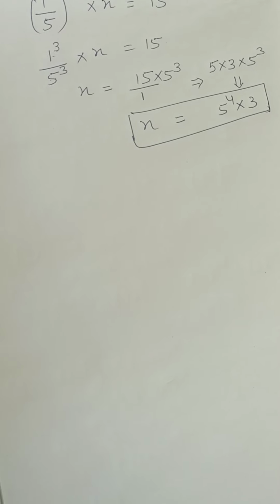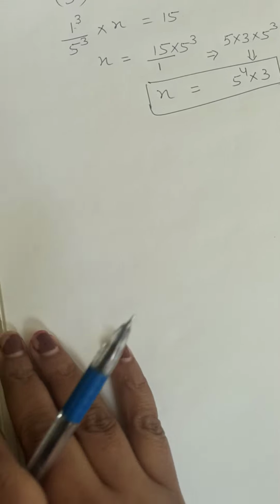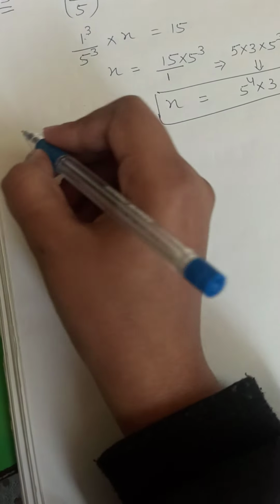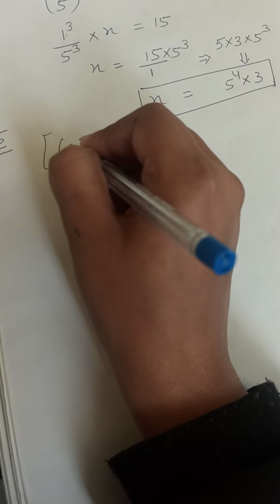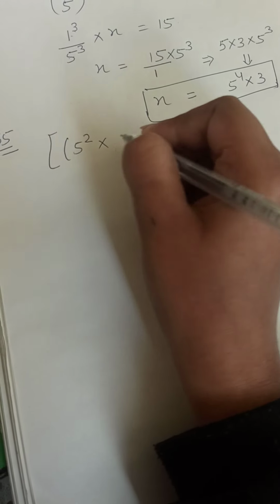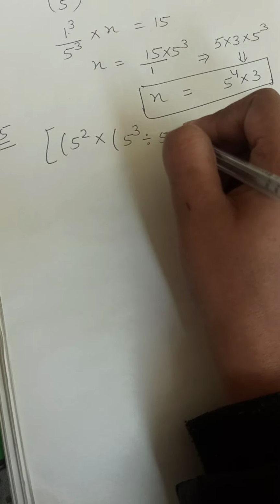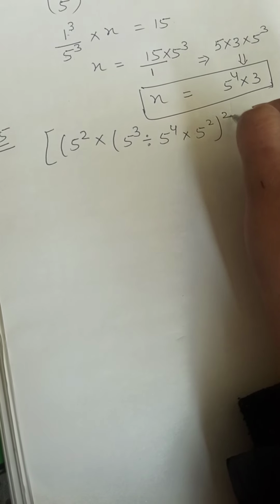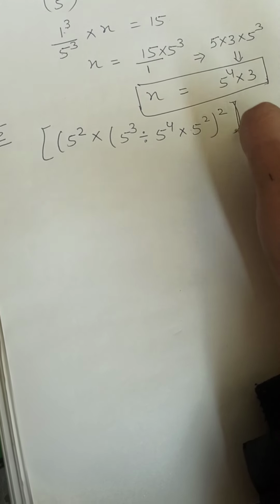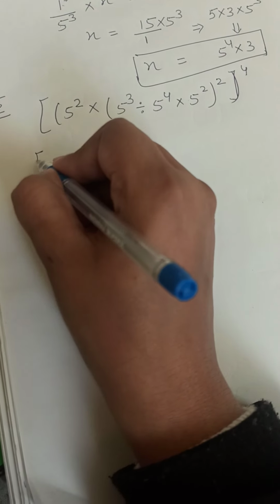S5, rewrite the expressions as a single positive exponent using laws of exponents. So this question is 5 to the power 2 multiply bracket 5 to the power 3 divide by 5 to the power 4 multiply 5 to the power 2 the power 2 and the whole the power 4. Again we will solve it.